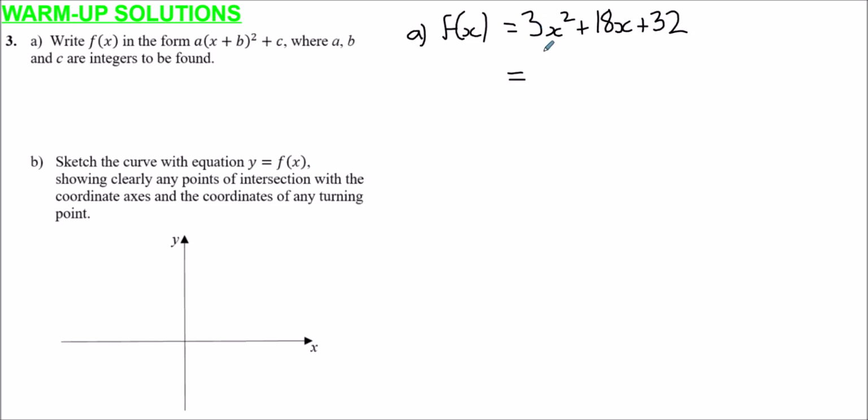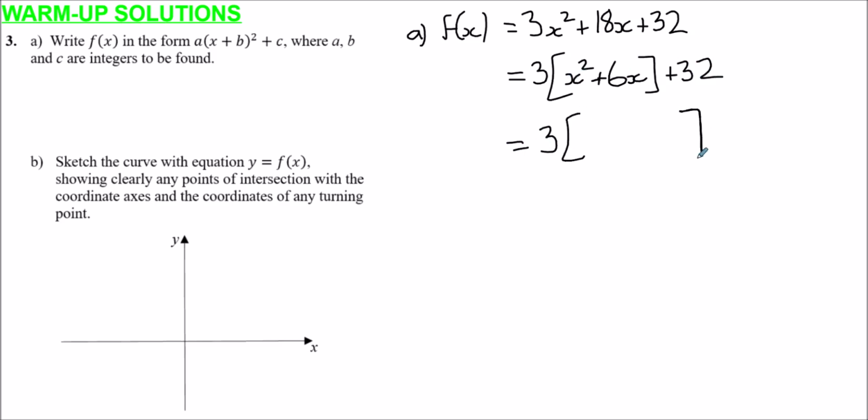So we need to factorise out this 3 first of all. So I've got x squared there. Factorise out the 3 from the 18x, that gives me 6x. Now this 32 can be left on its own, that's fine. At this stage now we complete the square on what's inside these big squared brackets.